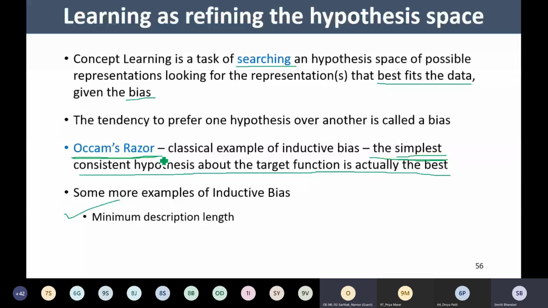This guideline says that usually we need not go for more complex hypothesis functions, but it is really possible to come up with the simplest consistent hypothesis, and that is the best suitable one. This is just the guideline that has been provided, right?